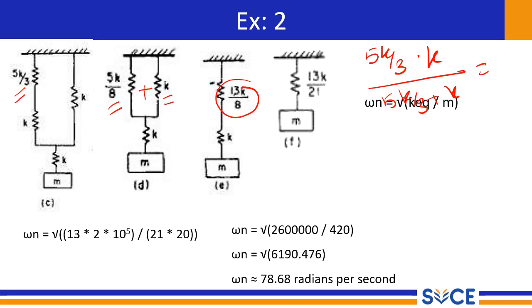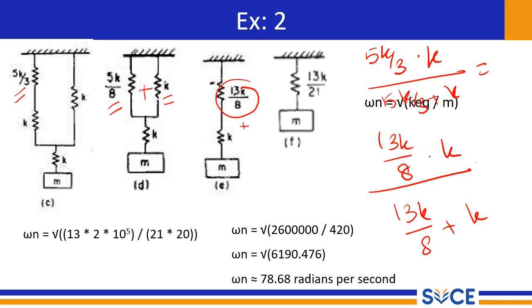So at last we are bringing it one step further: this 13K by 8 spring is connected with K. Once again the springs are in series, so use that formula: 13K by 8 into K divided by 13K by 8 plus K. This will give you 13K divided by 21.